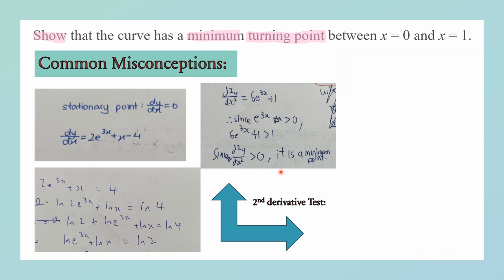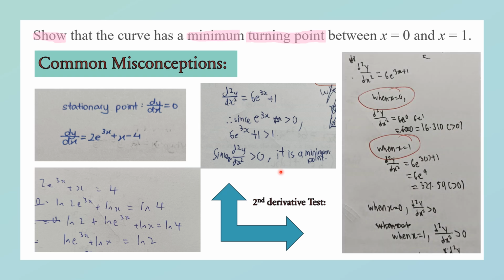Now let's take a look at the other solution. Over here, students are more specific. It says that when x equals 0, you find that the second derivative is greater than 0, and when x equals 1, the second derivative value derived is also greater than 0. Therefore, it concluded that it has a minimum turning point.